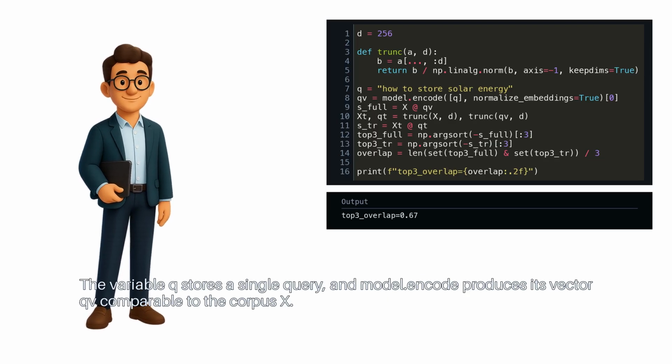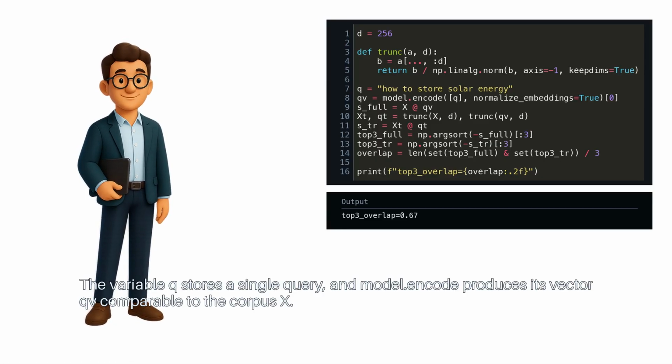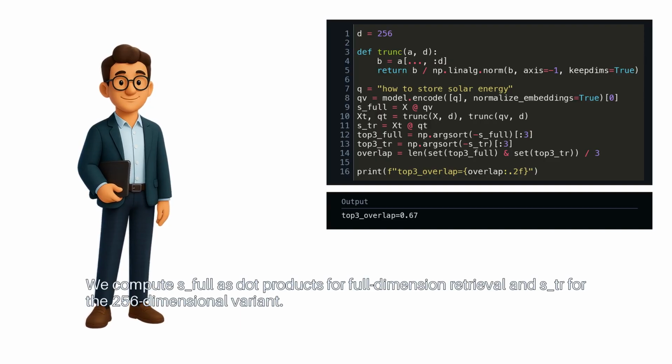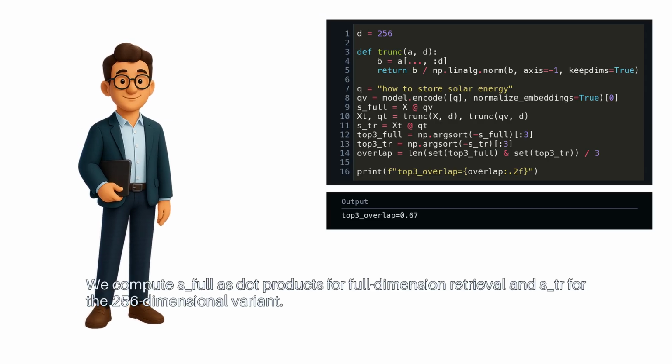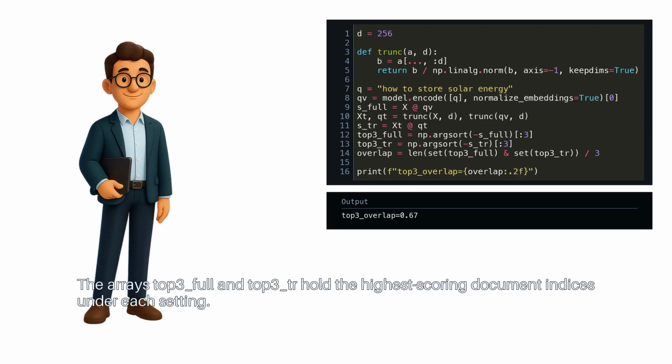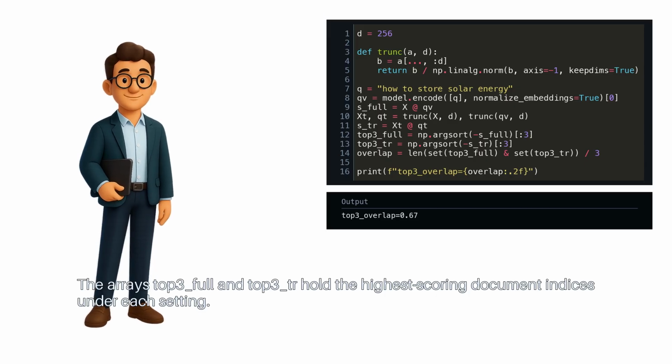The variable q stores a single query, and model.encode produces its vector qv comparable to the corpus X. We compute sfull as dot products for full-dimension retrieval and str for the 256-dimensional variant. The arrays top3_full and top3_tr hold the highest scoring document indices under each setting.